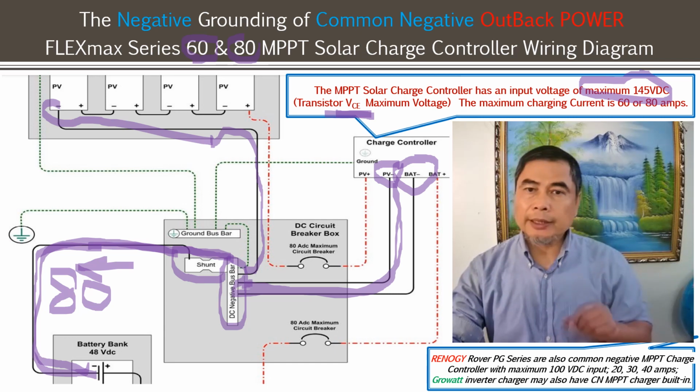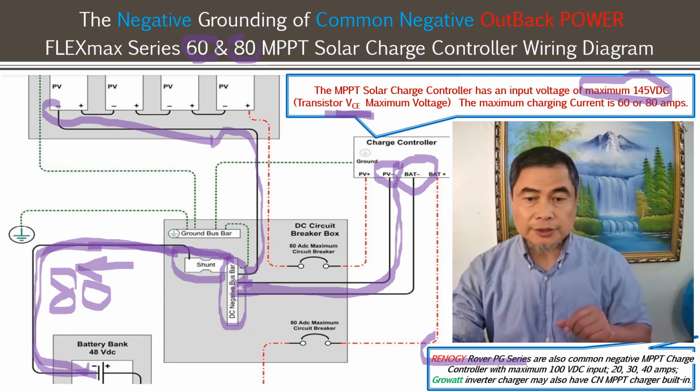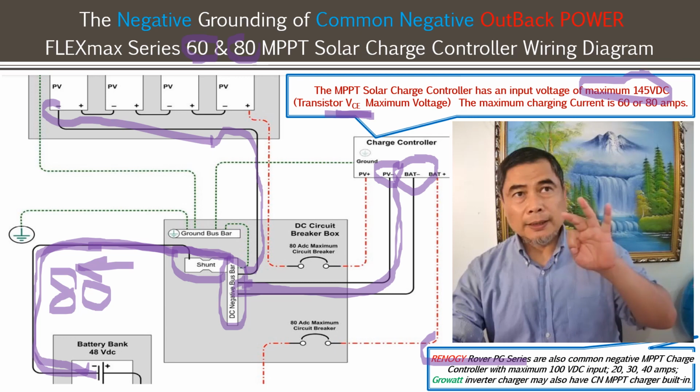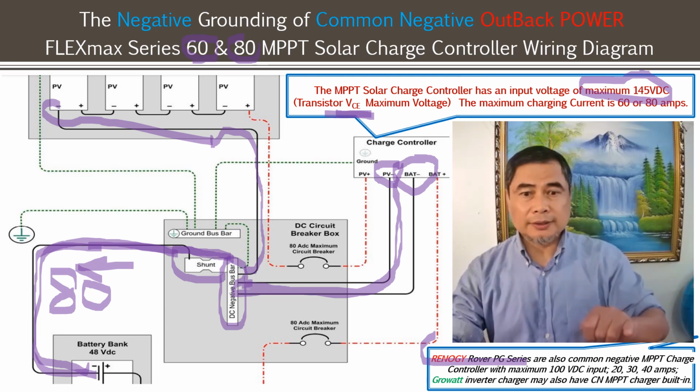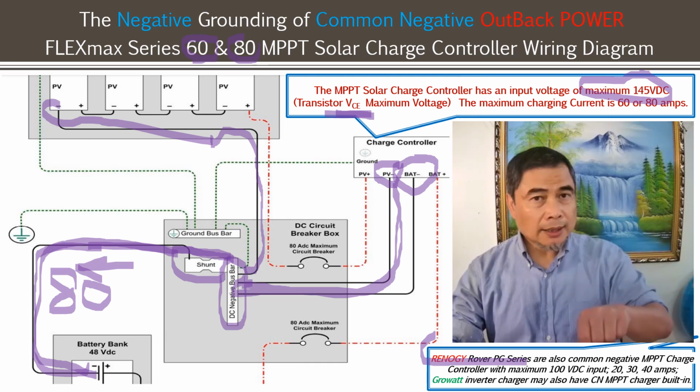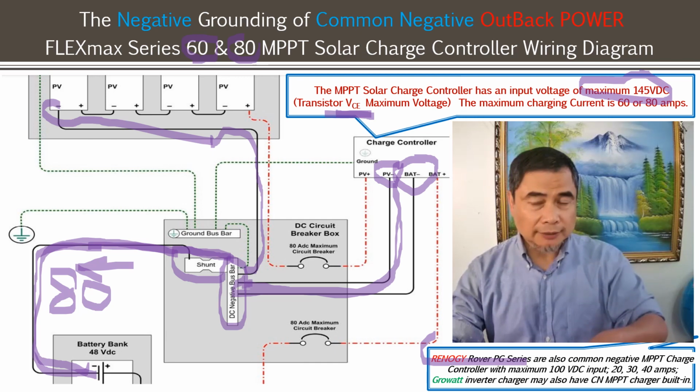Another common negative design we know is the Renogy Rover PG series, where you can have 20 amps, 30 amps, 40 amps. This Renogy Rover PG series design only has 100 VDC maximum. They are also a common negative system.